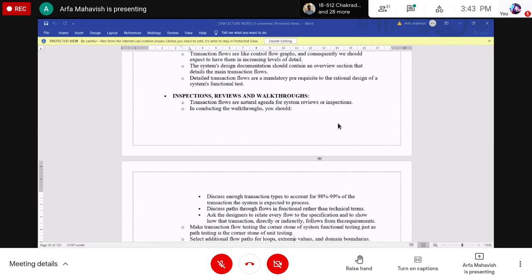Review is done to identify errors in the semantic documents, but inspection is done to identify the errors in the program. So inspection identifies program errors, and the review identifies errors in the documentation.